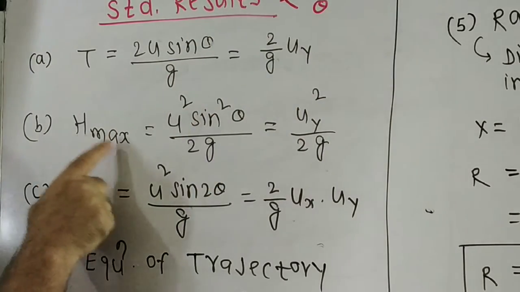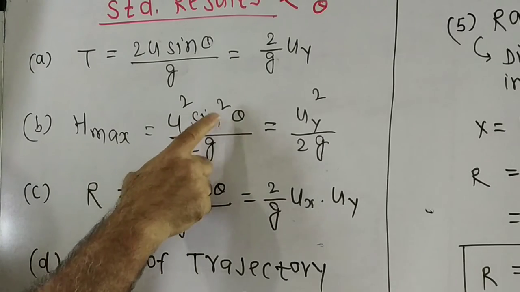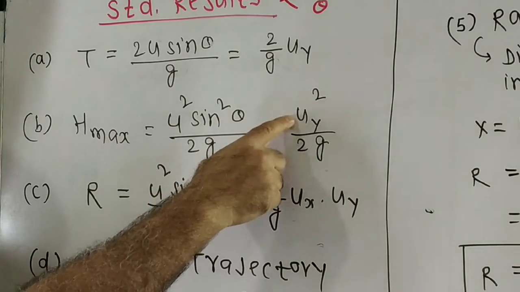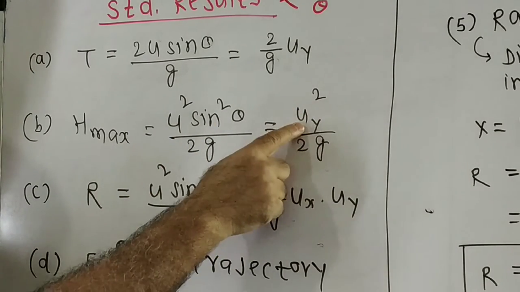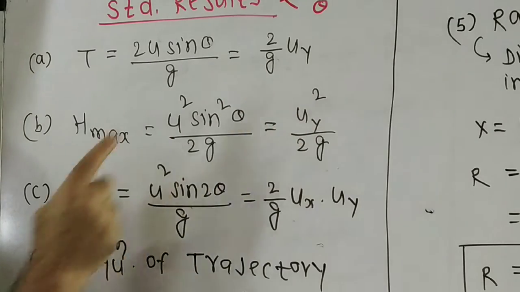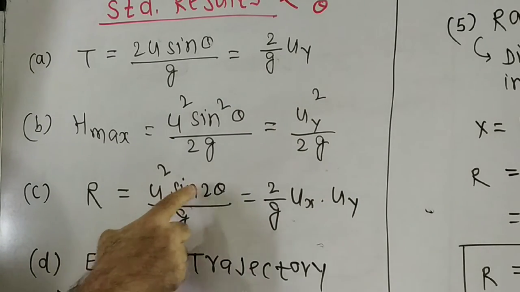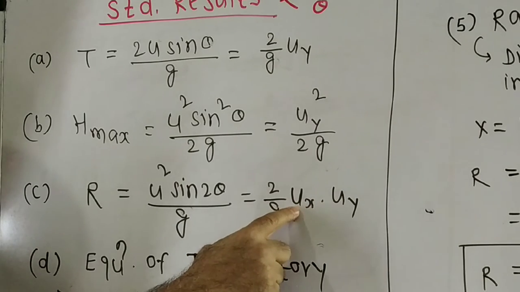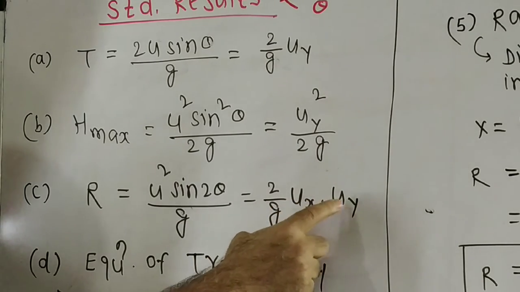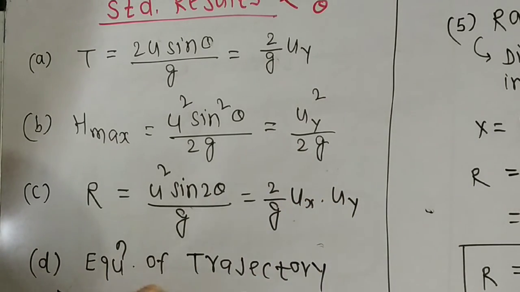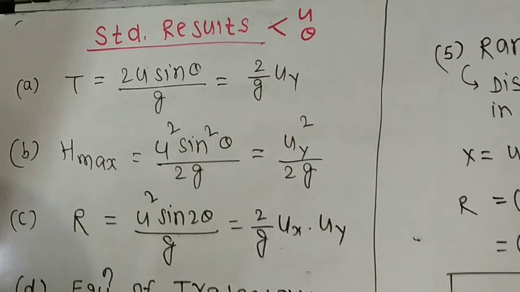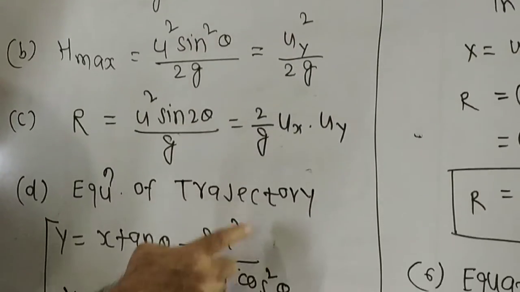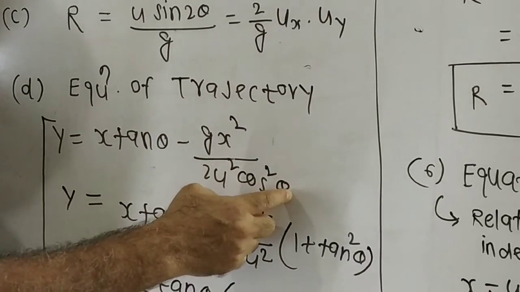Remember, maximum height u square sin square theta by 2g, or uy square by 2g. Again, uy is called initial vertical component. Range u square sin 2 theta by g, or 2 by g x component of initial velocity multiplied by y component of initial velocity. Equation of trajectory, y is equal to x tan theta minus g x square by 2 u square cos square theta.